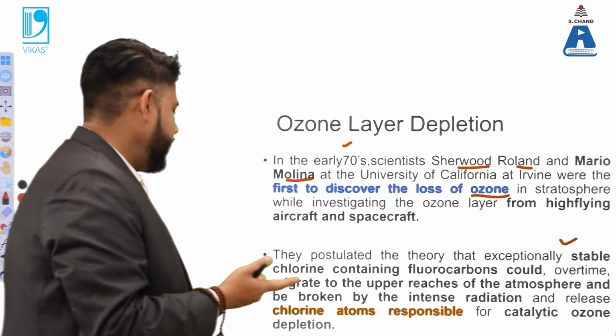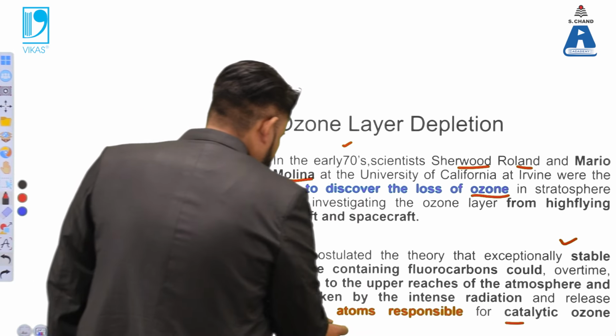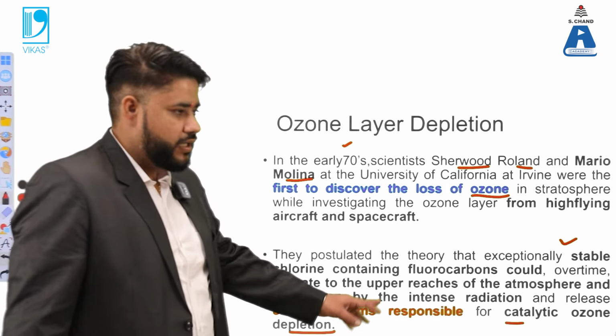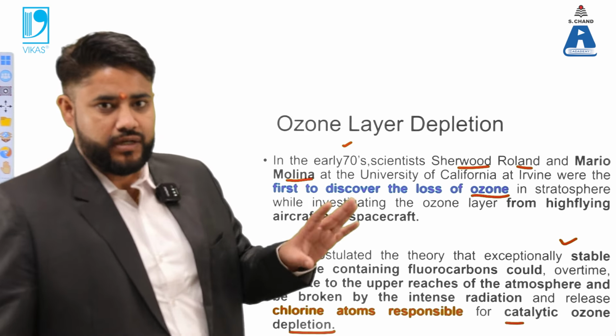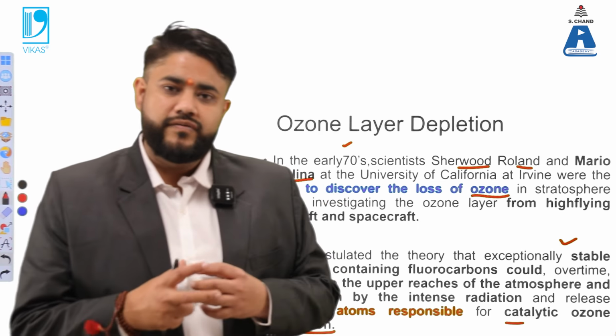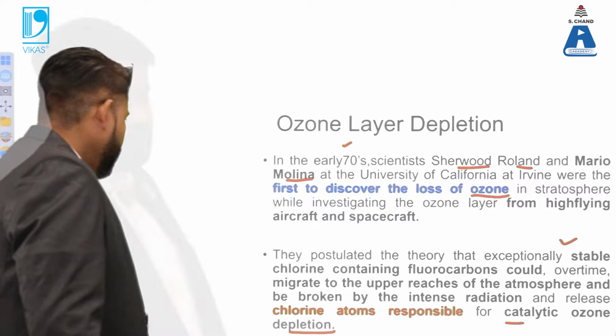So it leads to the depletion, and because of that catalytic depletion of ozone, it leads to certain problems. The chlorine inside that particular molecule creates a chemical reaction with the ozone molecule, and then further leads to depletion.